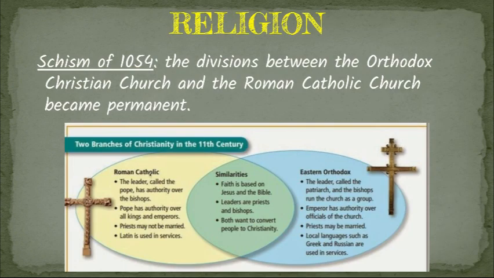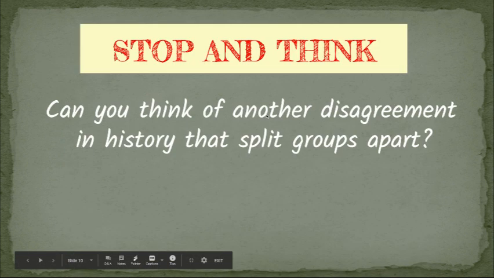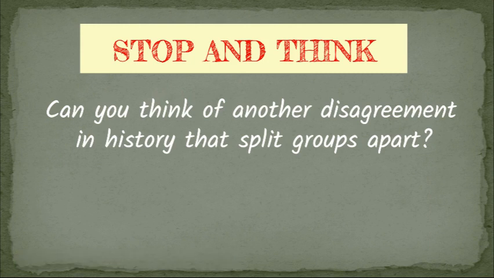So, like I said, this causes a major shift, and we end up with two different branches. They're still both Christian. They still both believe in Jesus and the Bible, and still both want people to convert to Christianity. Okay. Can you think of another disagreement in history that split groups apart and ultimately caused two different versions of something, or maybe a different type of split?